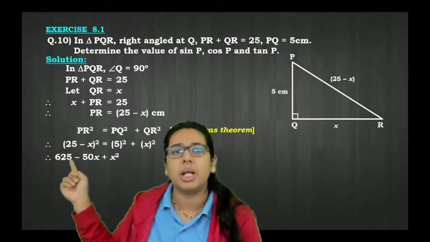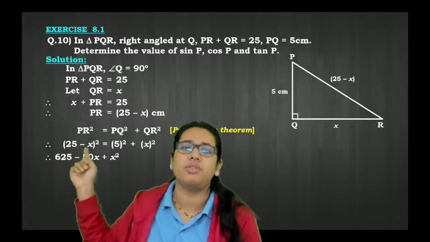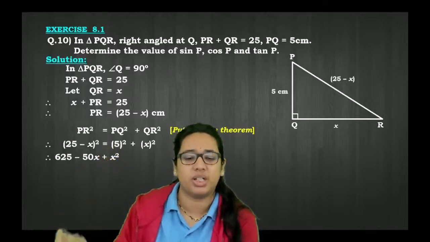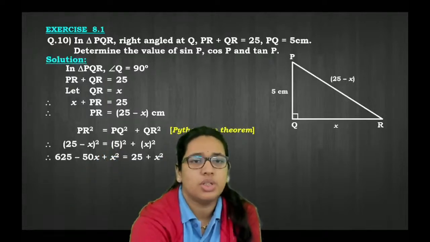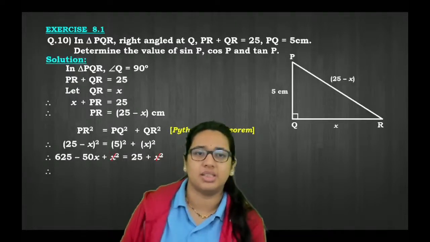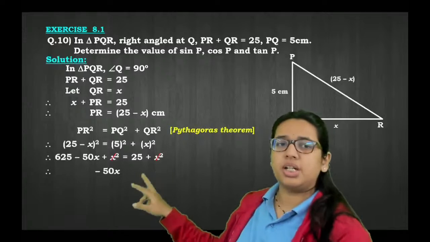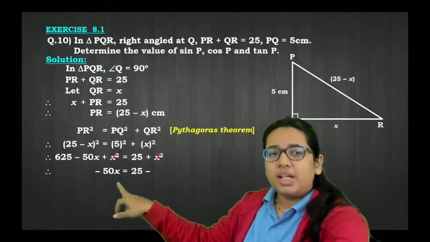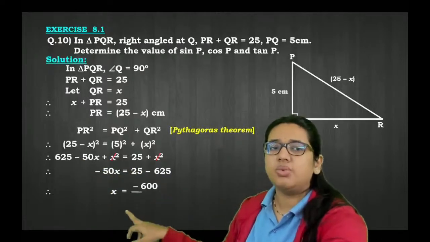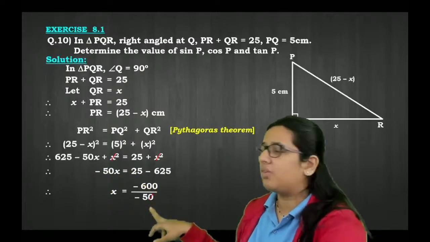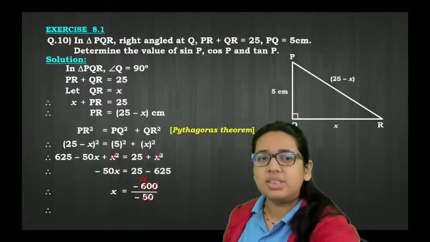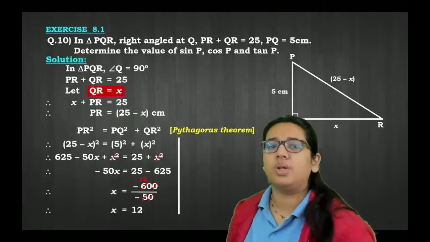So 25 square minus 2 times 25 into x, which is nothing but minus 50 times x, plus x square, equals 25 square plus x square. So we can cancel x square on both sides, remaining term will be minus 50x equals 25 minus 625. Hence, value of x will be minus 600 divided by minus 50. 0, 0 will get cancelled. So you will get x as 12.